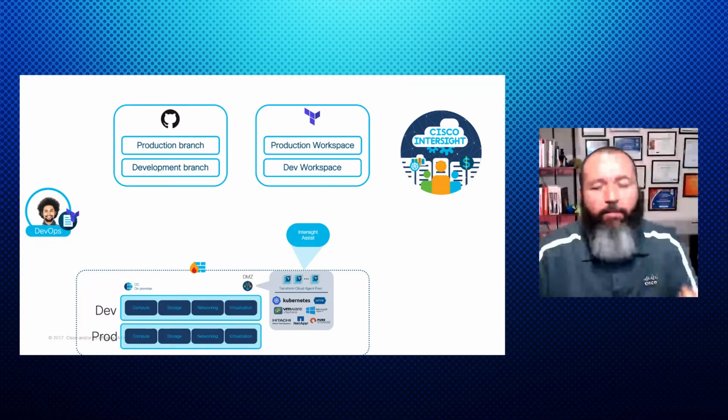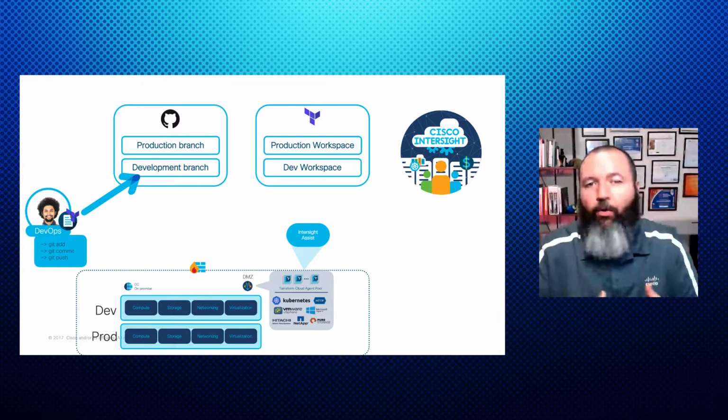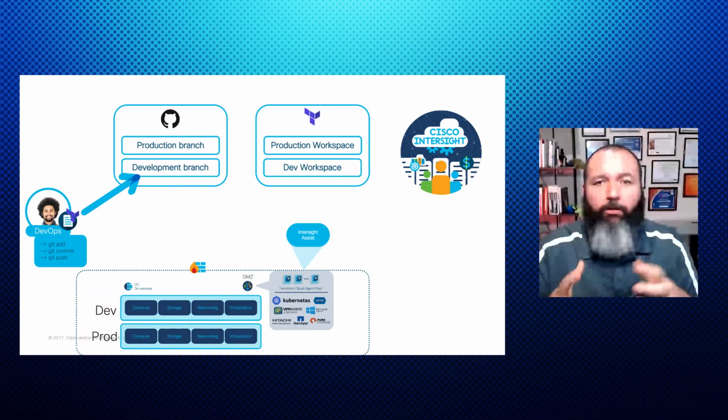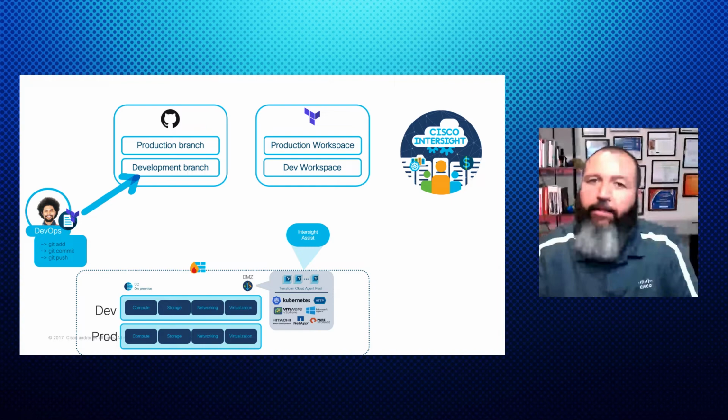The DevOps team will code the Terraform configuration, and then they will run the normal commands in the CLI for GitHub. First git add, then git commit, then git push.